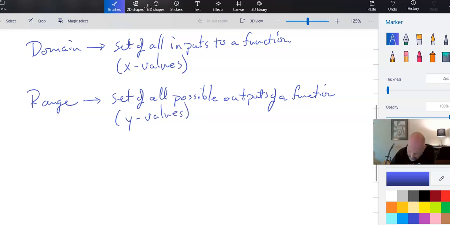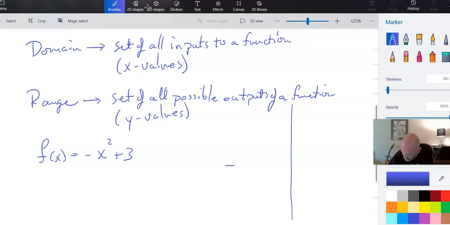Excuse me. Now, when we look at a function, in fact, let's look at the one that we just graphed. It was f of x is equal to negative x squared plus 3, right? And we noticed some things about this. I'm just going to scratch out a graph here.